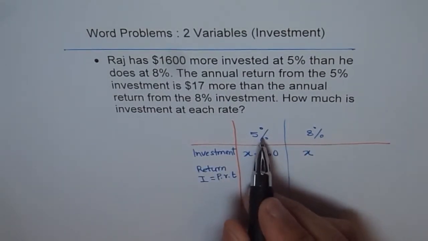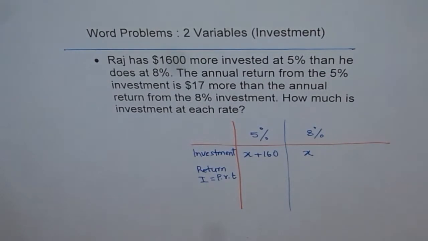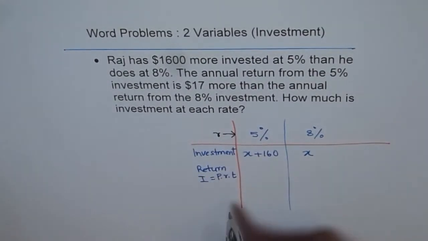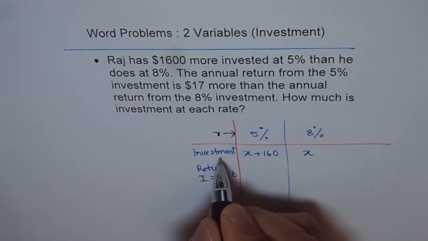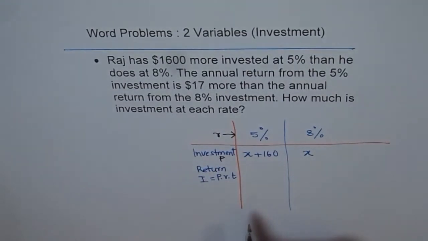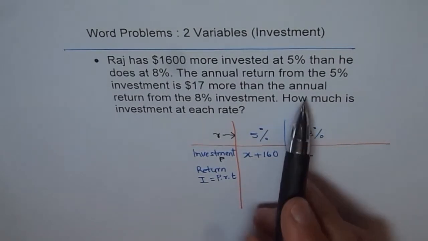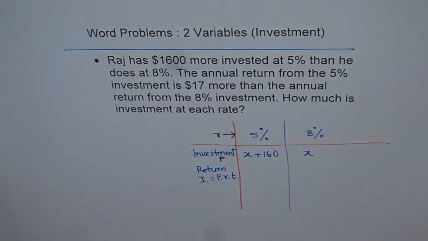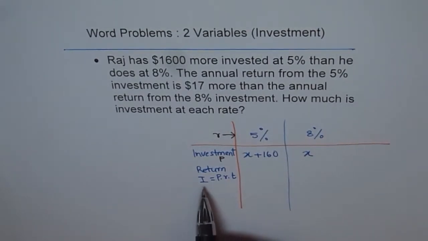R is the rate of investment. So in this table, these are the rates, right? And this is the investment, which is as good as P. And time T is 1 year, right? Annual means 1 year. So T is 1. Now, that is the return.